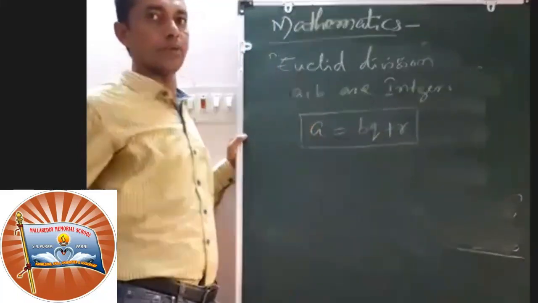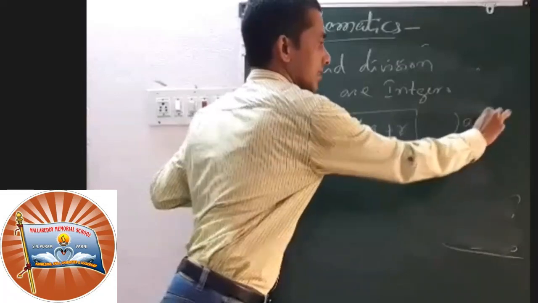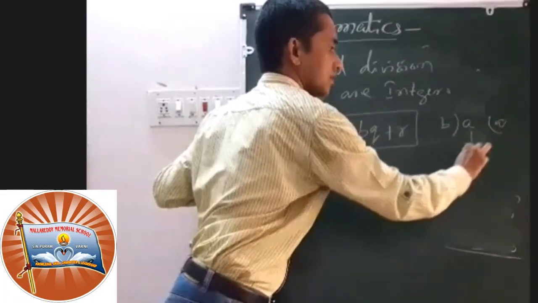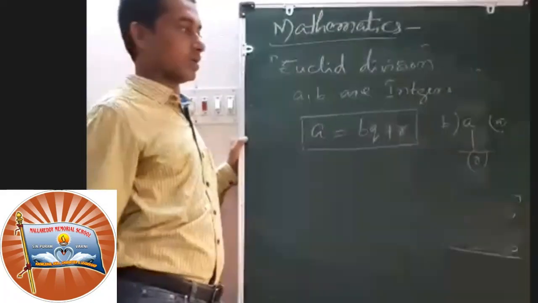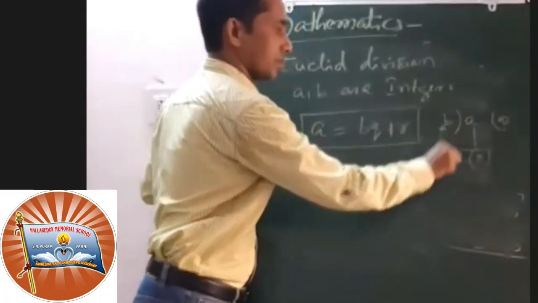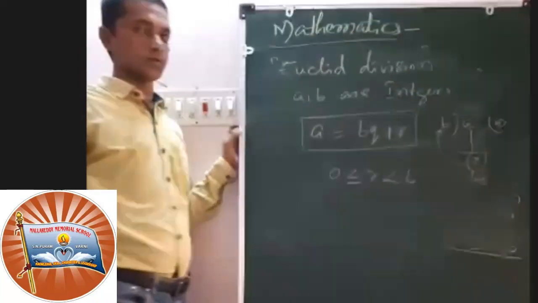If a is divided by b, you get the quotient q and remainder r, where 0 is less than or equal to r, and r is less than b. So the remainder is always less than b and it may be equal to 0. That is the condition.